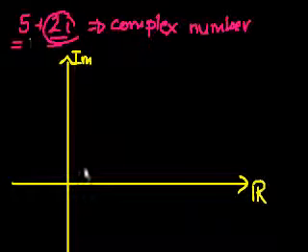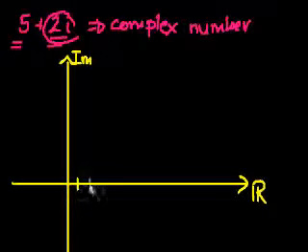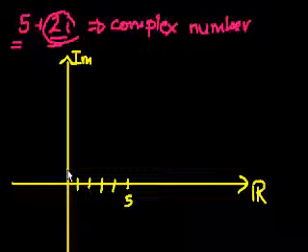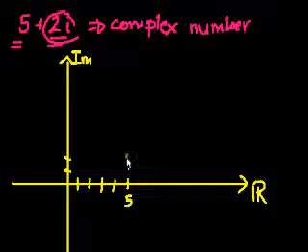And 5 plus 2i, well, its real part is 5, so 1, 2, 3, 4, 5, that's 5. And its imaginary part is 2i. So you go along the imaginary axis, or the i-axis, 2. And then you would have this number here, called 5 plus 2i.